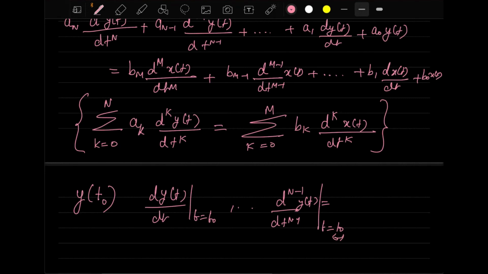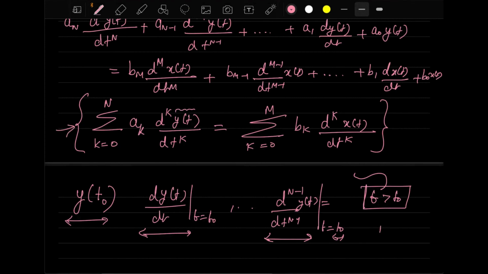All these values you should know in order to calculate the unique value of y(t). And note that the time t is greater than t0, for which you will find the solution. At time t equal to t0, it is an initial condition that you have to keep in mind while solving these differential equations in order to get the unique solution y(t).